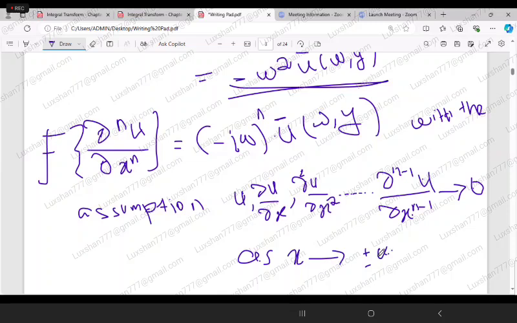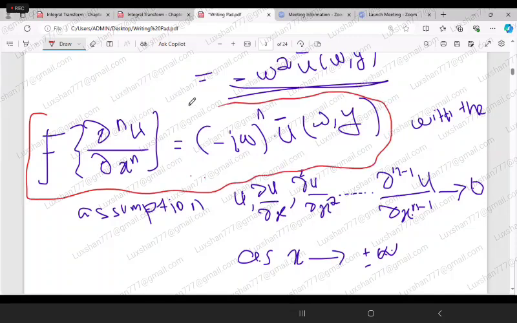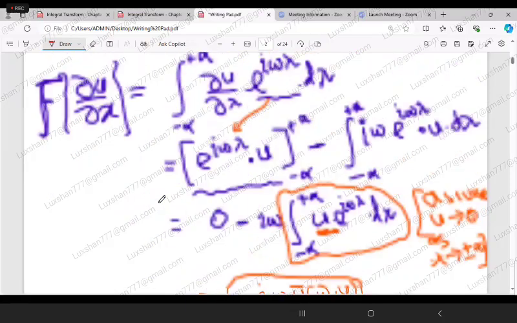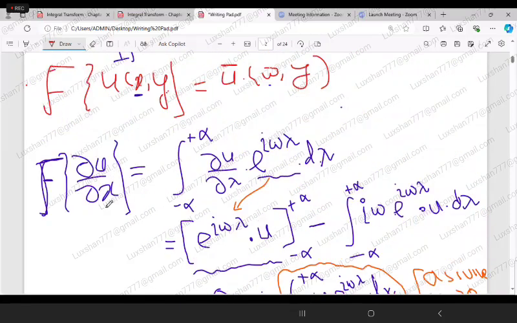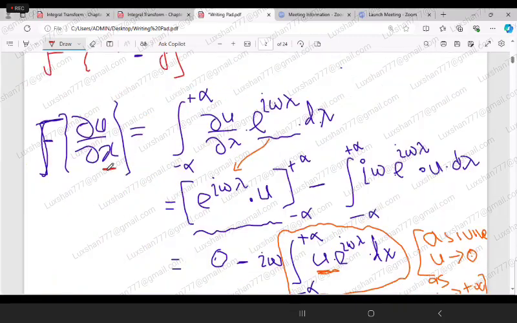Under this condition only, under this assumption only, we can use this formula. You have to clearly understand that one; without this assumption, you can't do anything. So this is actually for the Fourier transform of a derivative with respect to the variable x.